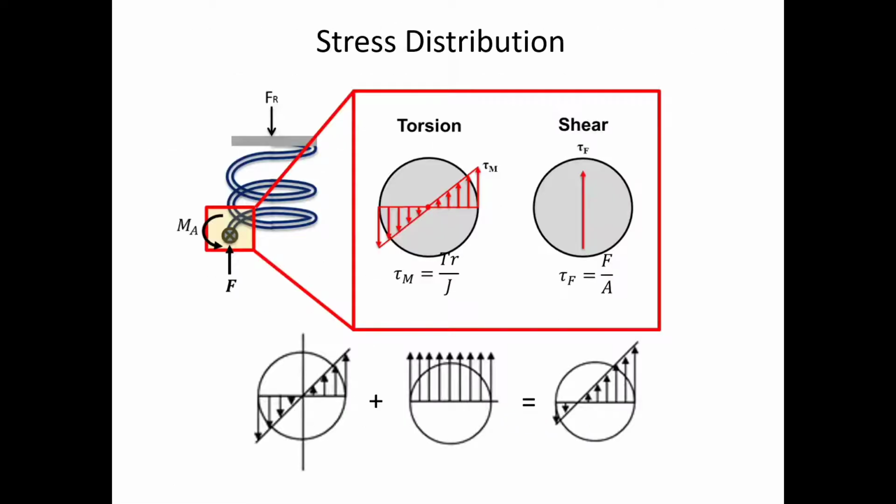Now let's see how the stresses are distributed throughout its cross section. We all know that shear stress due to torsion is basically represented by Tr by J. That means shear stress is minimum at its center and maximum on its outermost radius. And if you plot it, it should look like this.